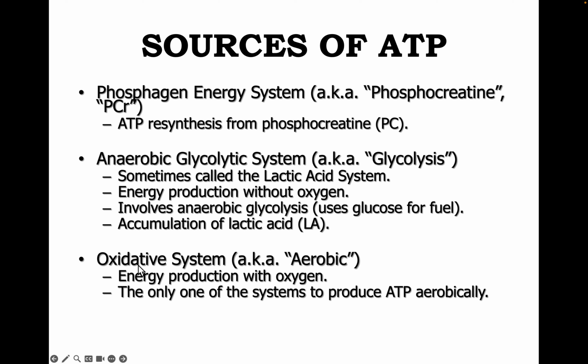So oxidative, oxy, meaning oxygen. Energy is produced while oxygen is present. So again, the oxidative system is the only one of these three energy systems that produces ATP aerobically, with the presence of oxygen.